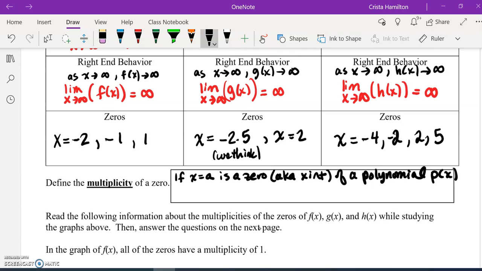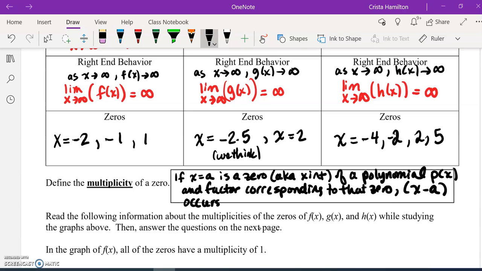So if you have a zero of a polynomial and the factor corresponding to that zero, which we know is going to be the factor x minus a, occurs k times, then x equal to a has a multiplicity of k.